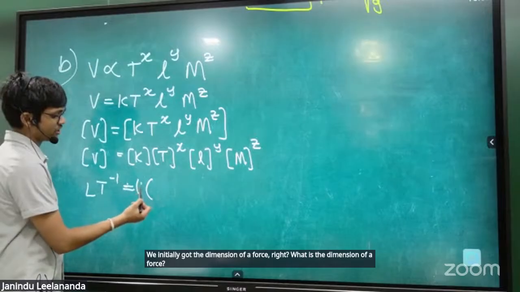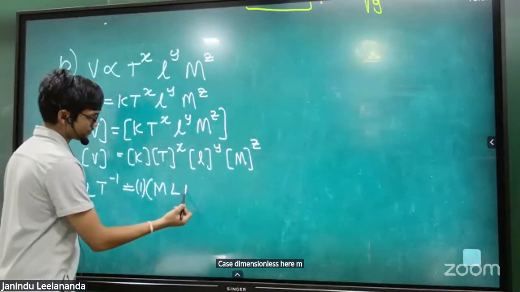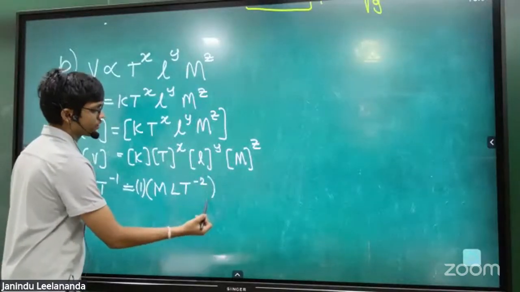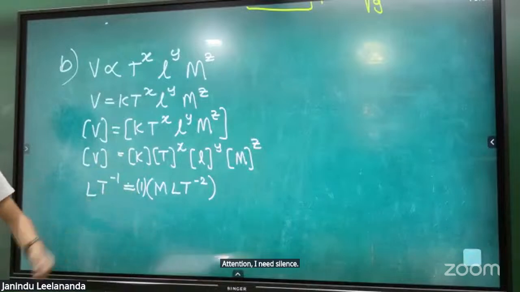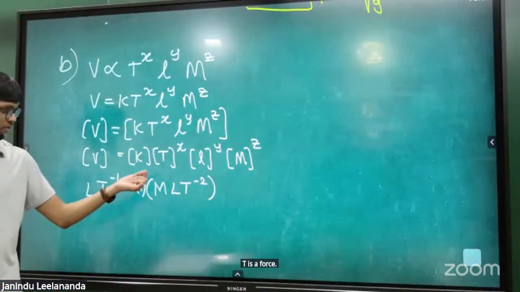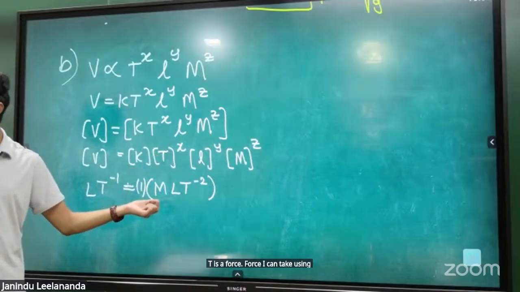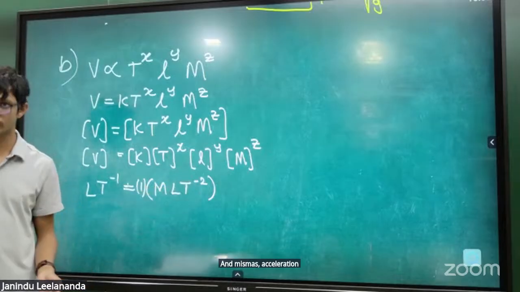K is dimensionless. Here, M L T minus 2, right? Attention, I need silence. T is a force. Force I can take using F equals m a. M is mass, acceleration L T minus 2, clear?